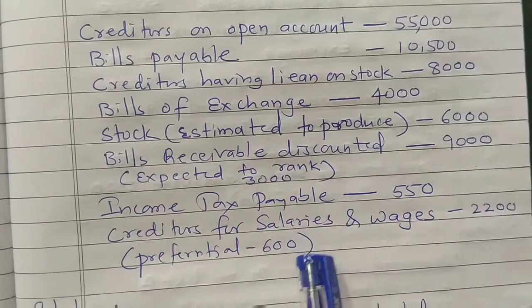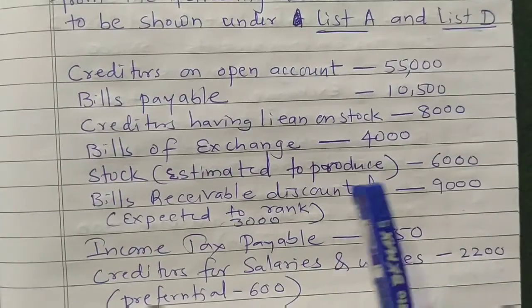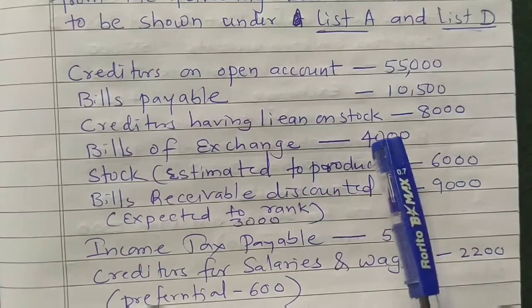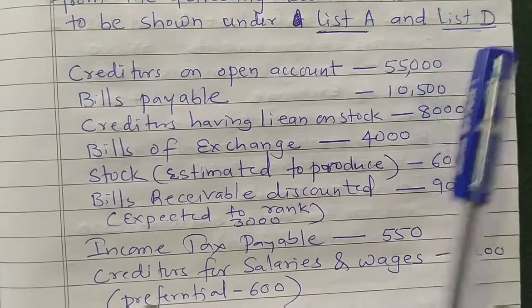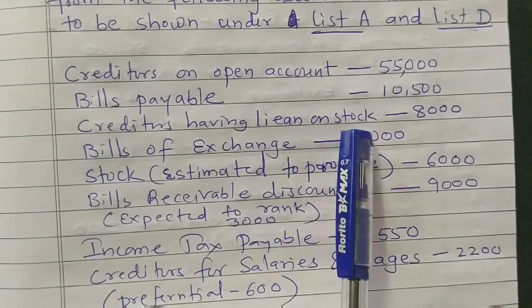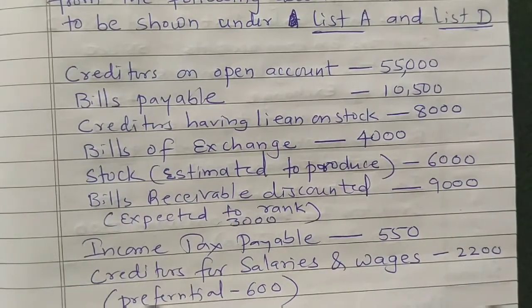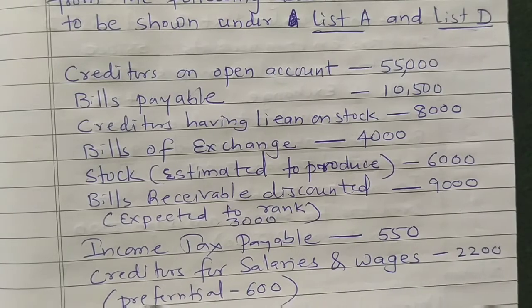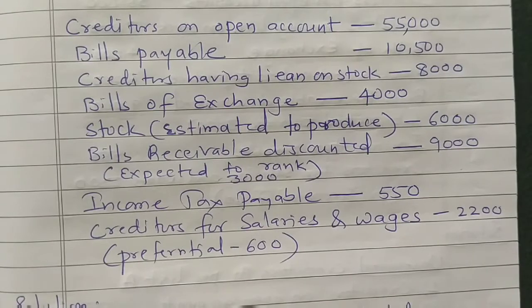In a bracket it is given preferential creditors 600. Here we need to bifurcate the items which belong to list A and the items which belong to list D.